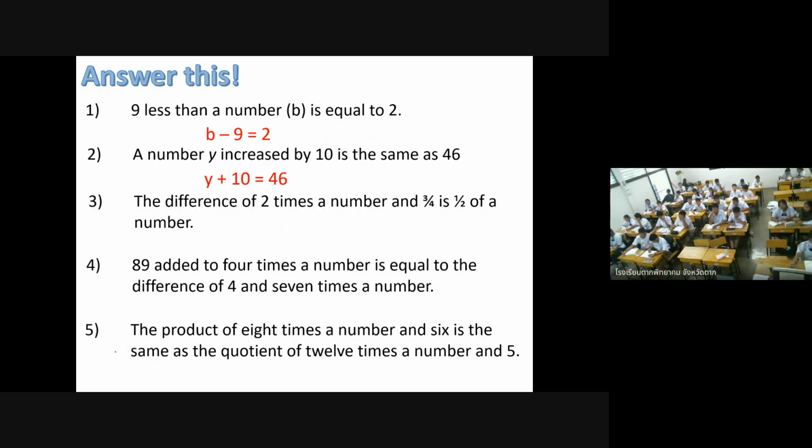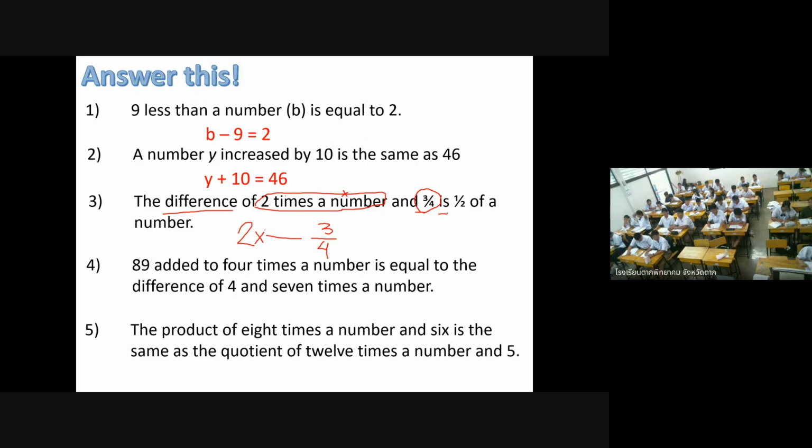Next, the difference means minus, minus what? 2 times a number minus 3 over 4. Now 2 times a number means 2x, where the number is x, 2 times x is 2x, and 3 over 4.